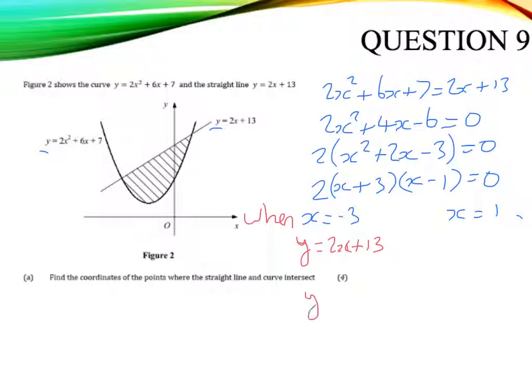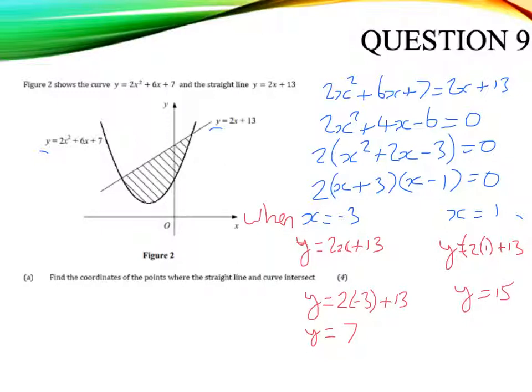So I've got y equals 2 lots of minus 3 plus 13, and over here y equals 2 lots of 1 plus 13. So again, working down here, y is minus 6 plus 13, so that's 7. And on this one, y is 15.